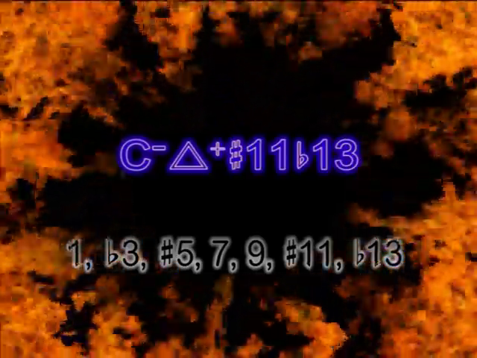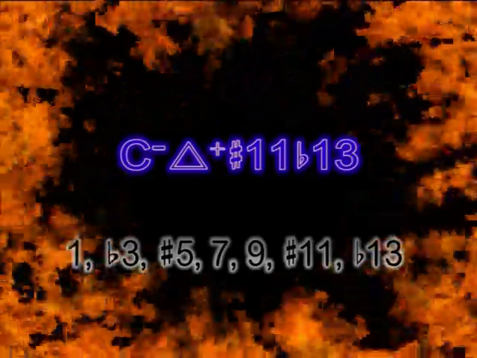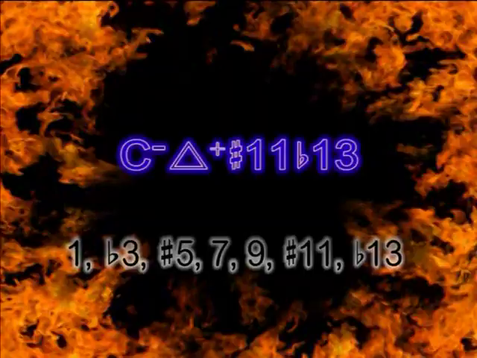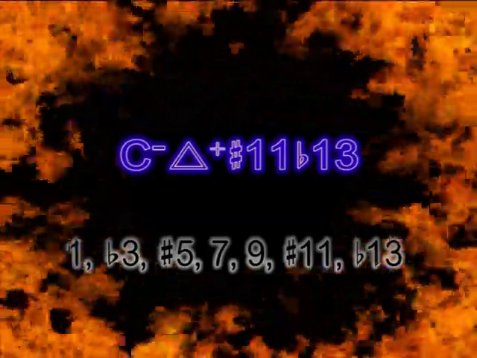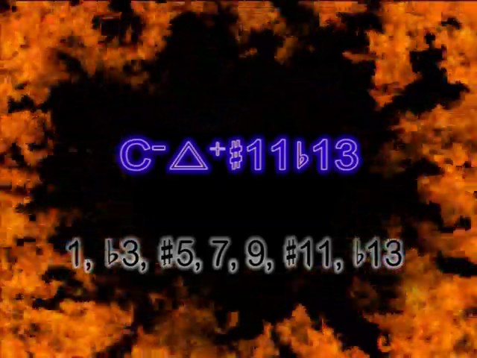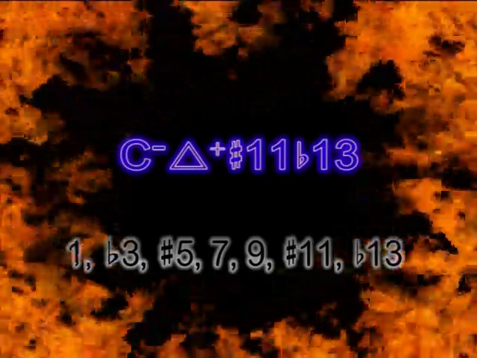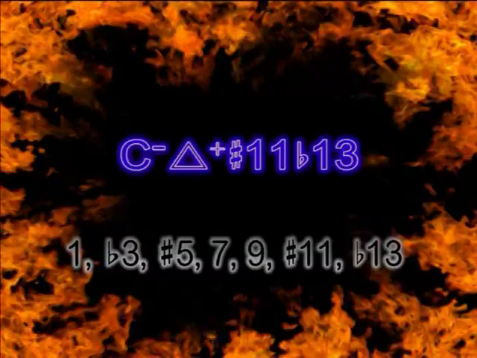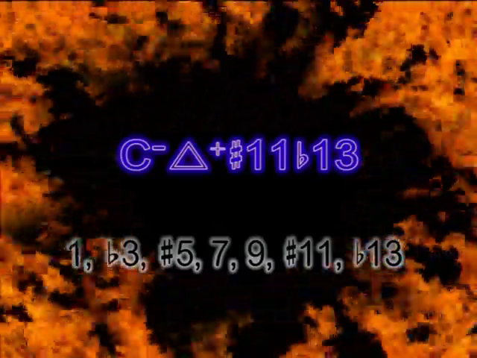The plus tells us that the 5 is sharp, and the sharp in front of the 11 is obvious. The 11 is sharp. And the flat in front of the 13 is obvious. The 13th is flat. Here's the formula: 1, flat 3, sharp 5, 7, 9, sharp 11, flat 13.